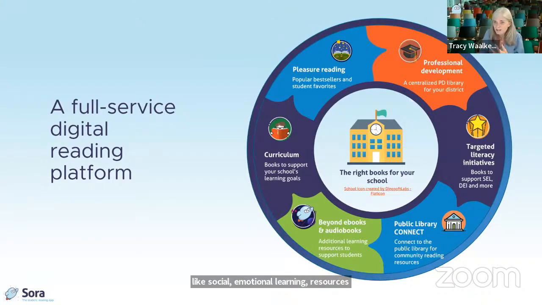Sora also connects to your public library, so your students can have access to the Citywide Digital Library, any content that your school purchases for Sora, and all 3 of the New York public libraries, all in one platform, which really exponentially expands their access to content. And then, of course, I mentioned curriculum as a key component as well.